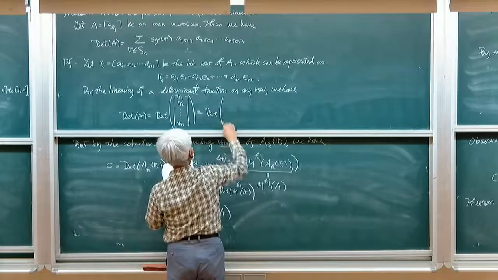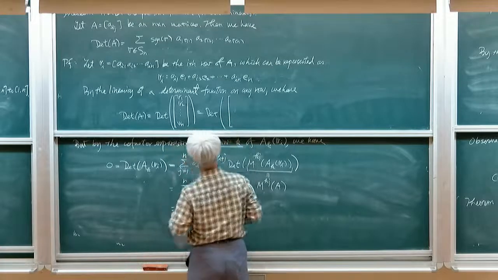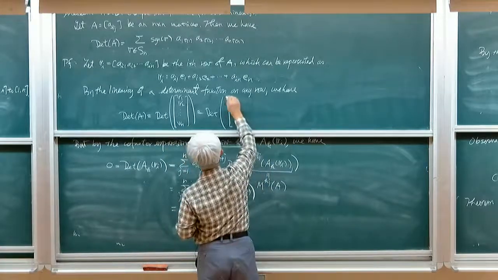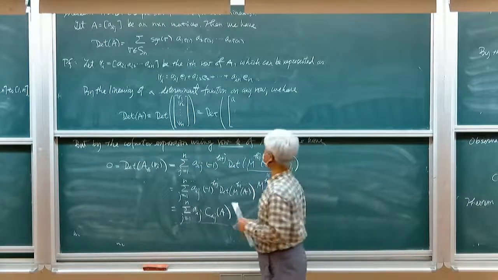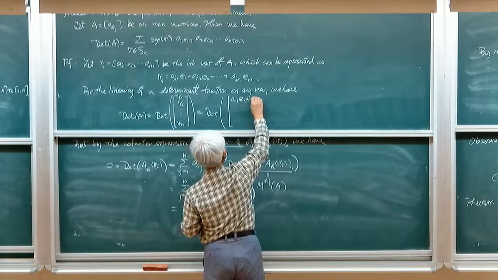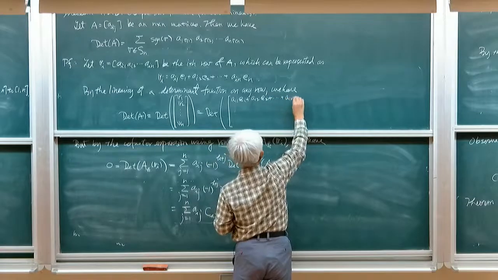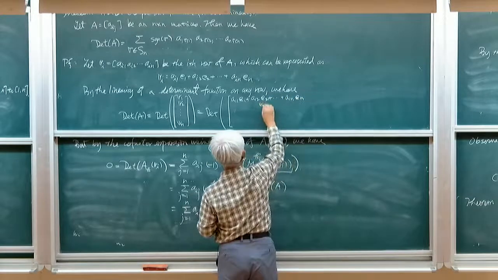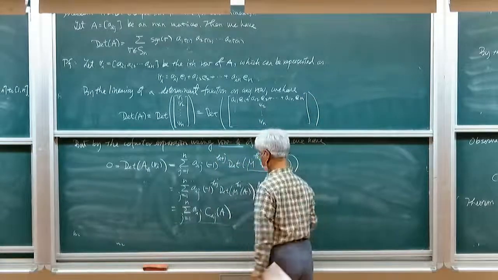Now we express the first row by a linear combination of the standard unit row vectors. So it's a11 e1 and so on, and this is R2 up to Rn.